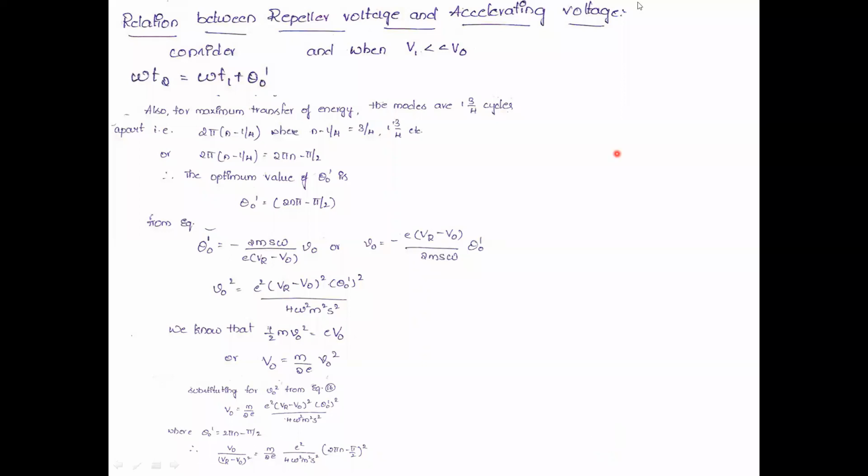For that, consider my first assumption: the applied signal is always less than the beam voltage. Therefore, consider V1 far less than V0. What is the status of my present electron? Here I am writing the present electron equation: omega T2 equals omega T1 plus theta naught.